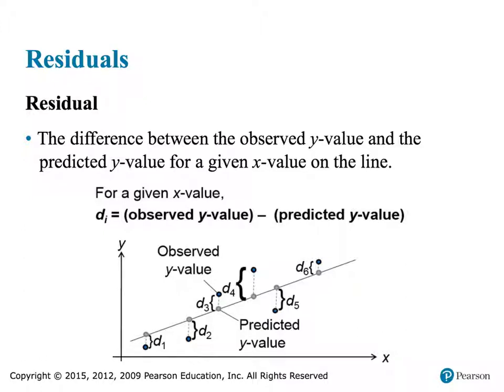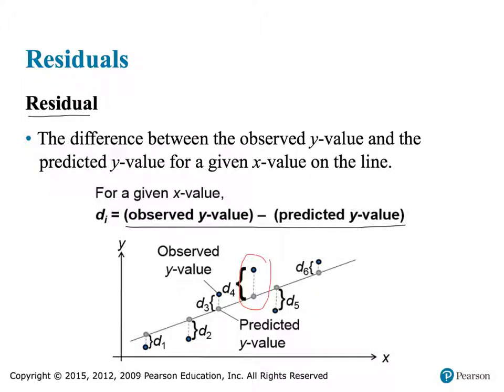So that line is making some errors in its predictions. Now, hopefully they're small errors, but there is typically some amount of error that's made in the prediction that the line will make. That error is known as a residual. And a residual, you'll notice, is just the observed y value minus the predicted y value. So use, for instance, this point right here. The blue point on top is the actual observed piece of data.